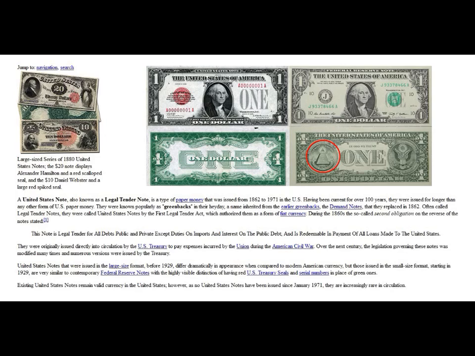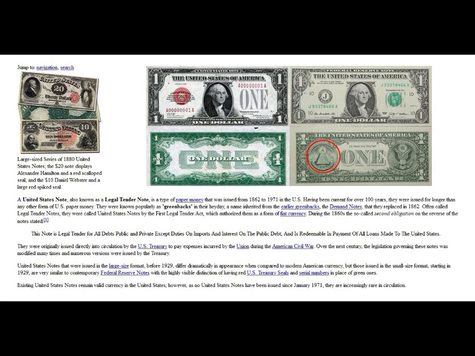A United States note, also known as legal tender note, is a type of paper money that was issued from 1862 to 1971 in the U.S., having been current for over 100 years. They were issued for longer than any other form of U.S. paper money.